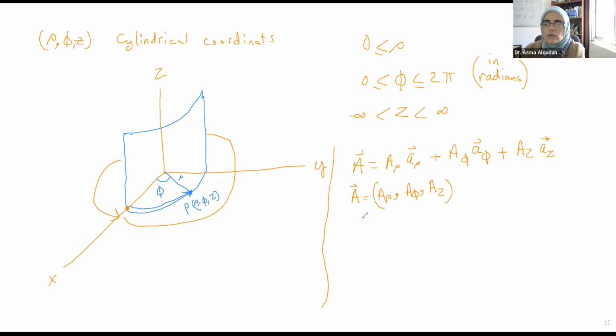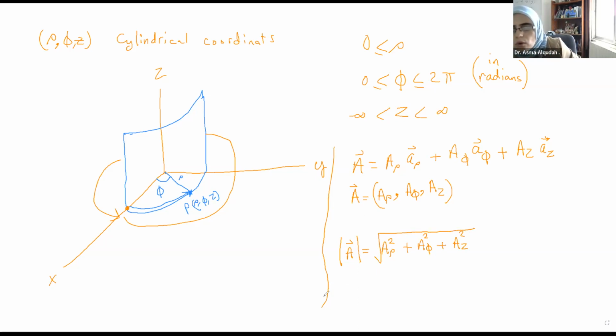Okay, now if we want to find the magnitude or the length of any vector in the cylindrical coordinates, what we do is exactly the same way we learned in the Cartesian space. So we take a sub rho squared plus a sub phi squared plus a sub z squared, and we take the square root of the whole thing.